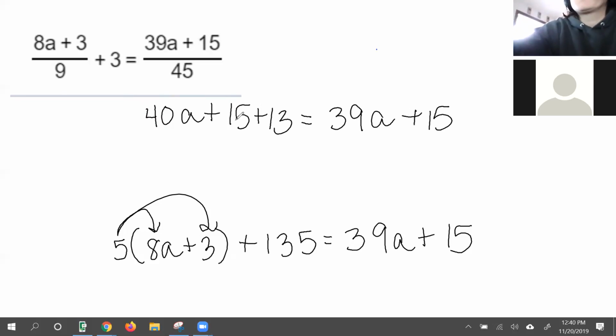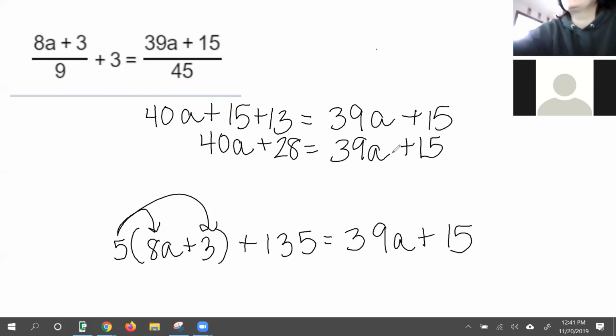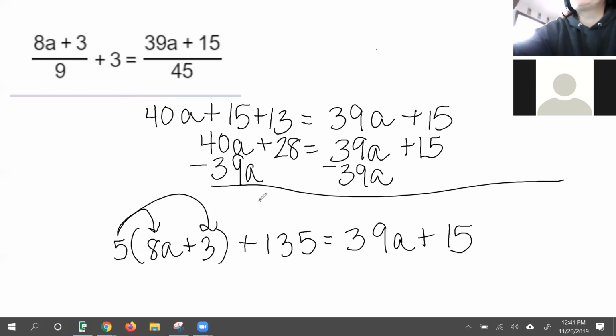And then we're going to combine like terms here, 40a plus 28 equals 39a plus 15. We're going to subtract the smaller variable to go to the other side. So we're left with a plus 28 equals 15.